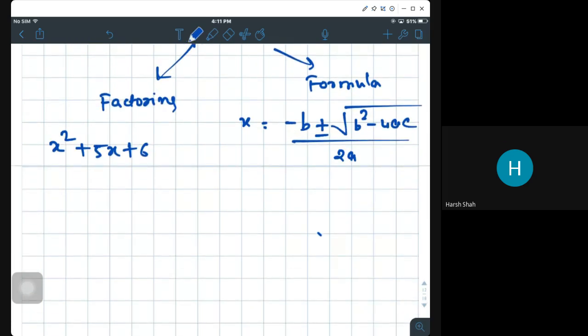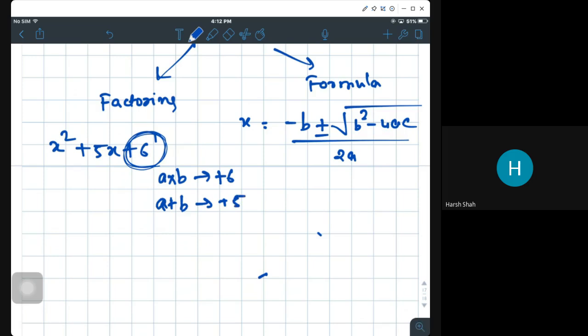What I do is I find two numbers a, b such that their product is equal to this third term c, plus 6, and their sum is plus 5.